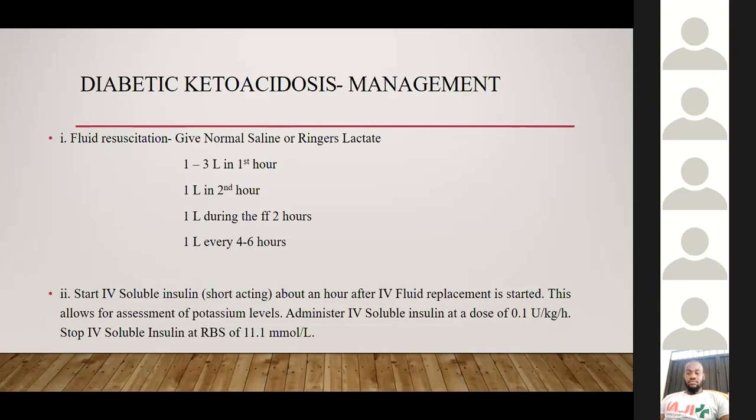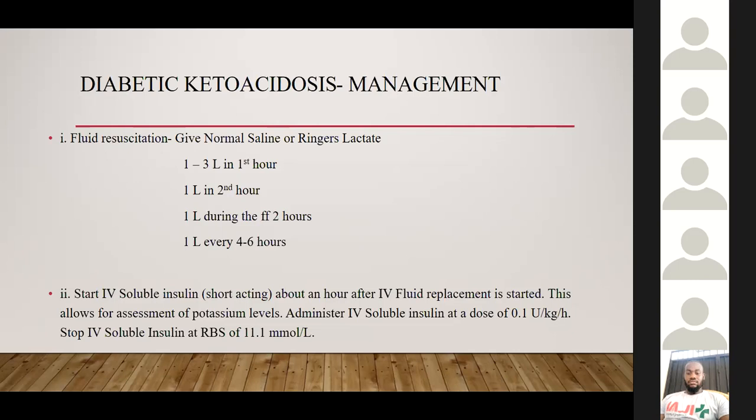You are giving about 0.1 units per kilogram per hour. Meaning if you have a normal adult weight of maybe about 70 kg, then 0.1 times 70 is 7 units. It means you are going to give your patient 7 units of insulin every hour.